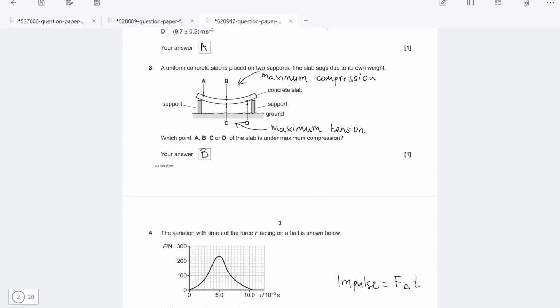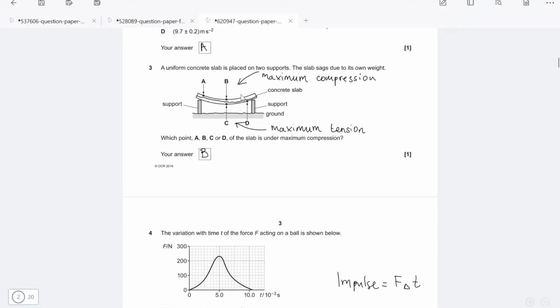Question 3, a uniform concrete slab is placed on 2 supports. The slab sags due to its own weight. Which point A, B, C or D of the slab is under compression? This is really interesting. The top part of the slab, so let's say that the middle goes through here, will be going through maximum compression.